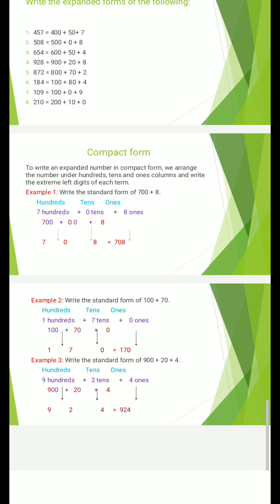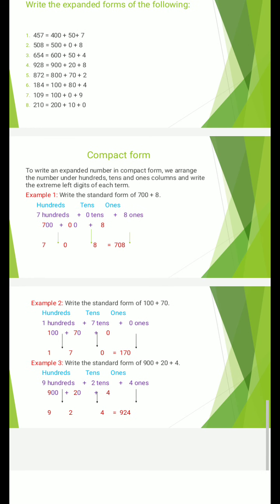To get the compact form or standard form of the given expanded form, we write the leftmost digit of each term. Here the leftmost digits are 7, 0 and 8, shown in red color.